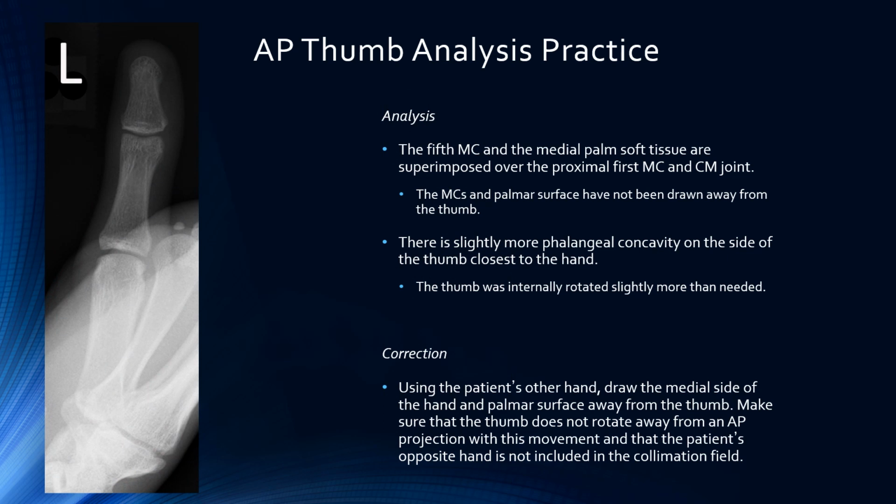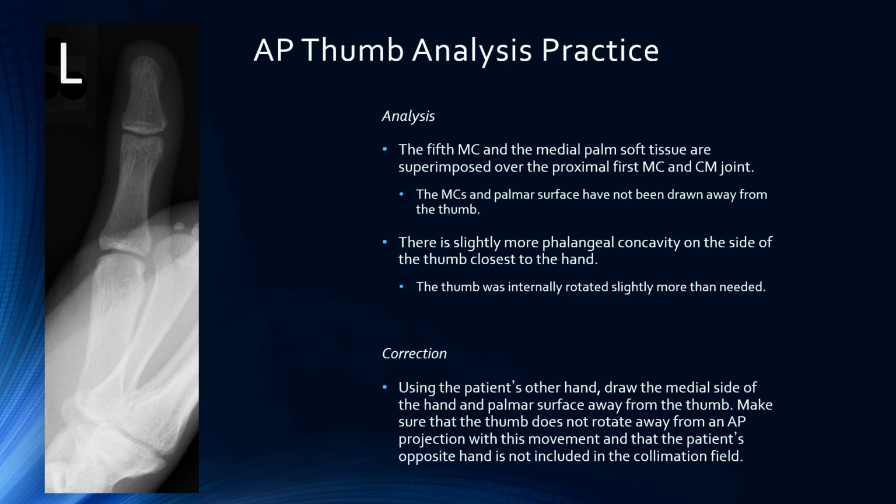Okay, analysis. The fifth metacarpal and the medial palm surface of the soft tissue are superimposed over the proximal first metacarpal and carpometacarpal joint. The metacarpals and the palmar surface have not been drawn away from the thumb. There is slightly more phalangeal concavity on the side of the thumb closest to the hand.